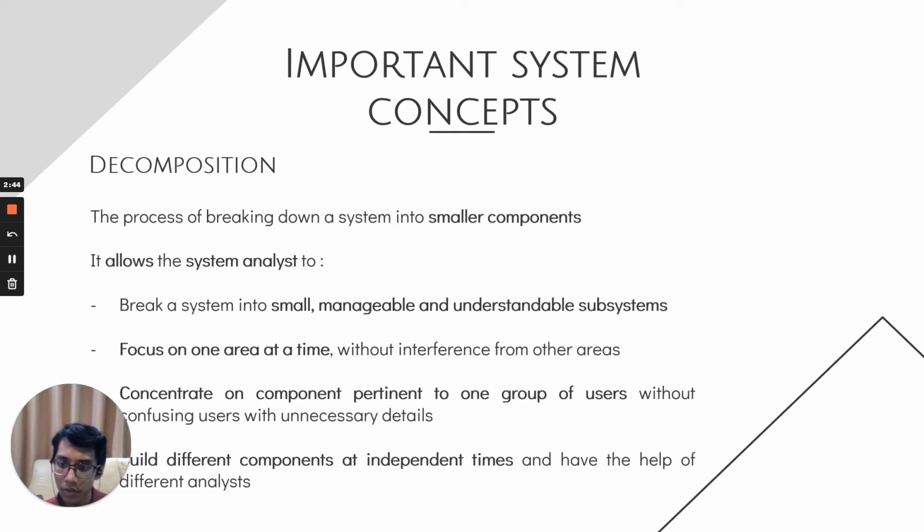Besides that, it focuses on one area at a time without interference from other areas. Moreover, it concentrates on components pertinent to one group of users without confusing users with unnecessary details. And lastly, it pulls different components at independent times with the help of different analysts.